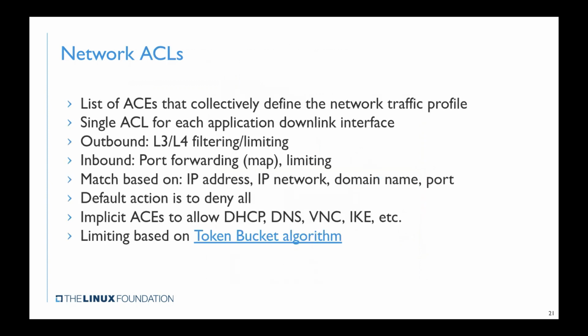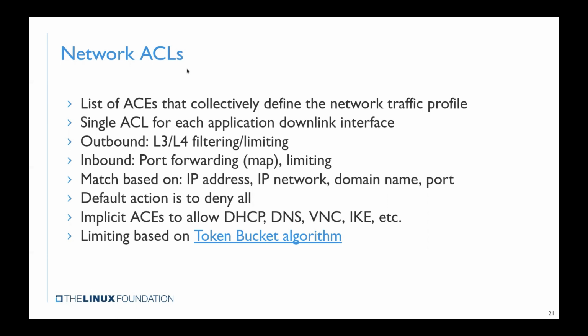Right, and the next topic to discuss is network ACLs. For each application network interface, there is one ACL assigned to it, one access list. An access list is essentially a list of access control entries that collectively define the network traffic profile.